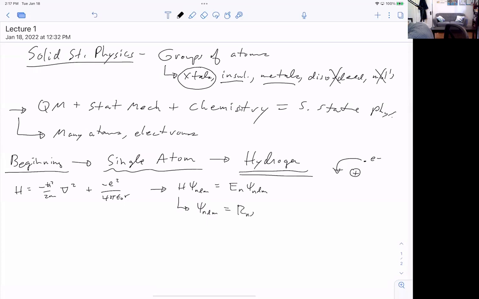You're going to get the radial wave function, the angular part of the wave function, and there'll be spin too. But let's ignore spin for now. And then you know that the energy is negative 13.6 eV divided by n squared. That should look familiar to you from your 137A class or equivalent.